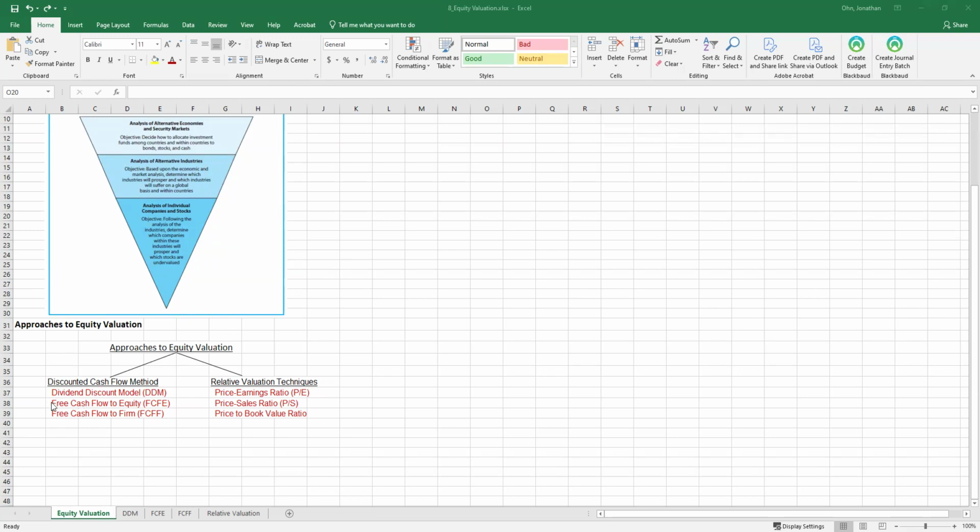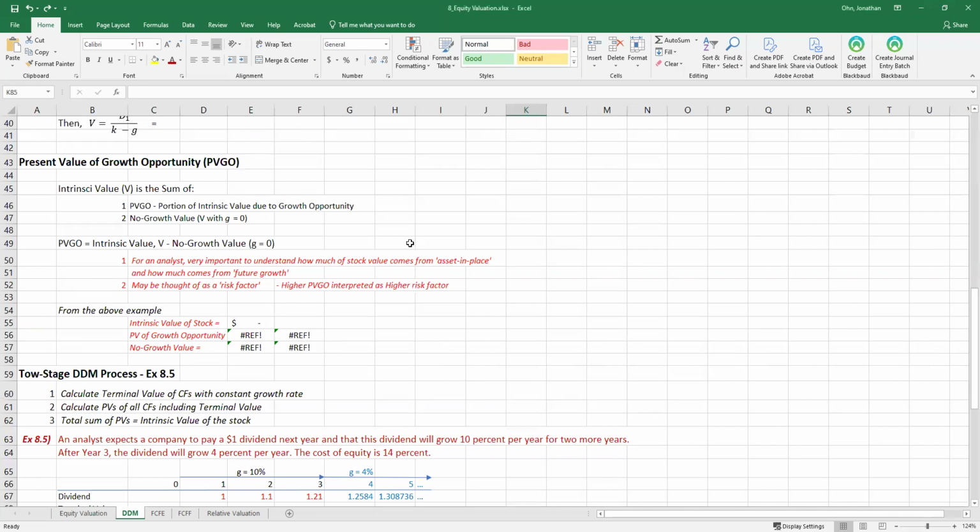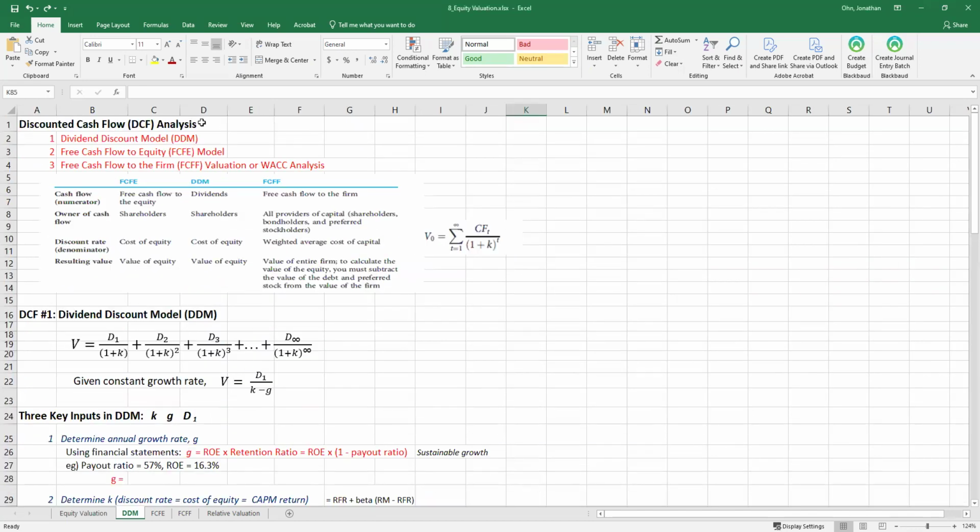The dividend and free cash flow to equity are about the company's equity, and free cash flow to the firm is the corporation's overall cash flows. For relative valuation, we will use the P/E ratio, the price-sales ratio, and the price-to-book equity ratio.